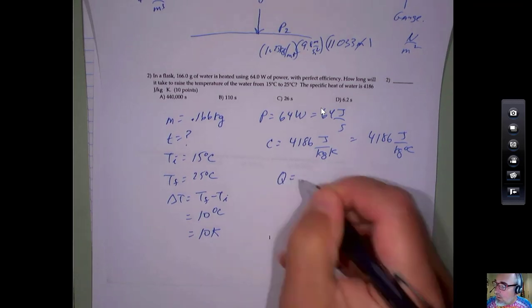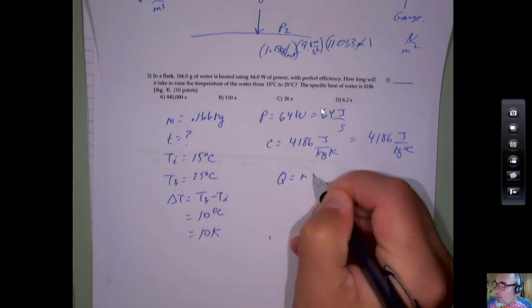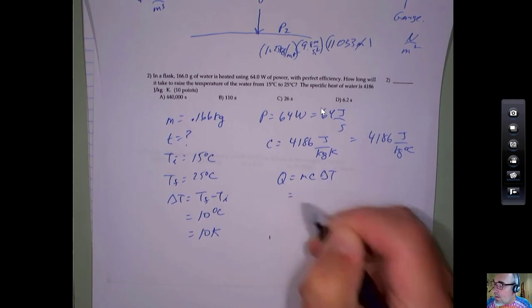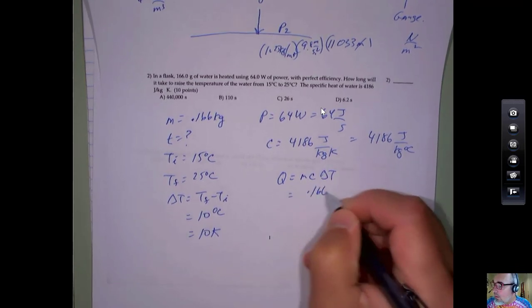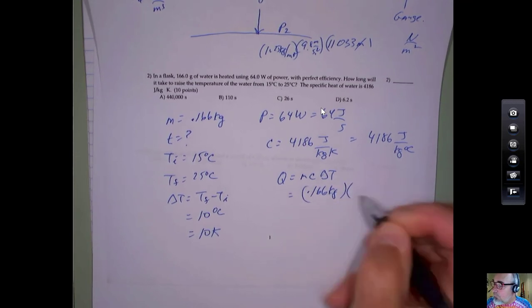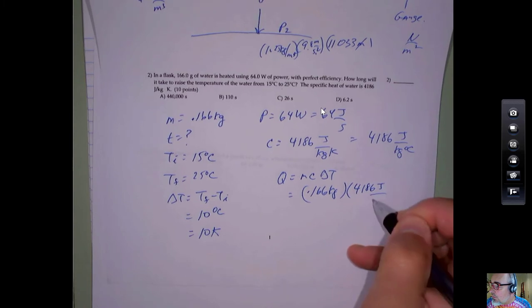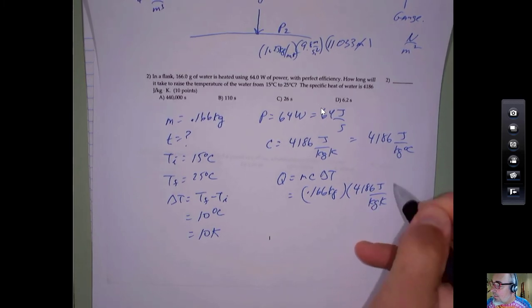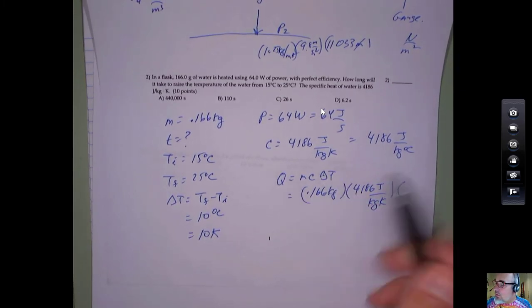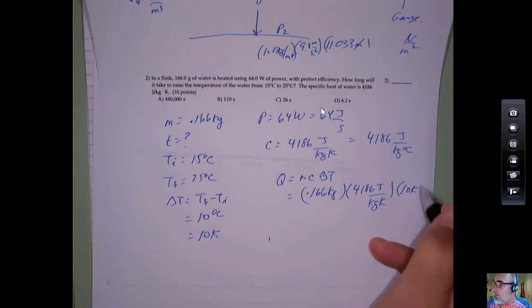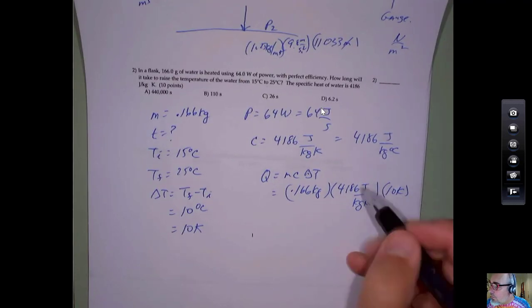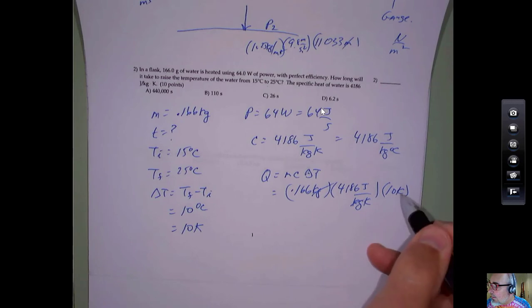Q equals m c delta T. So the mass, 0.166 kilograms. We got 4186 joules per kilogram Kelvin. And now the change in temperature is 10 Kelvin. Okay, let's look at the units again. Kilograms cancel out, Kelvin cancels out.